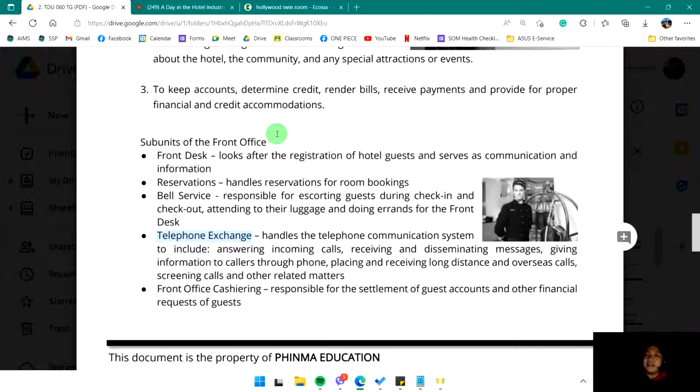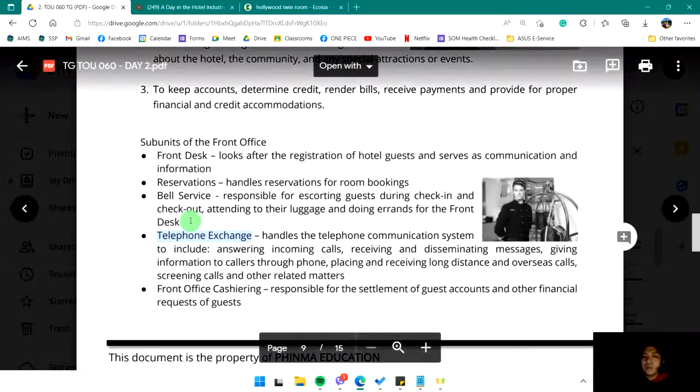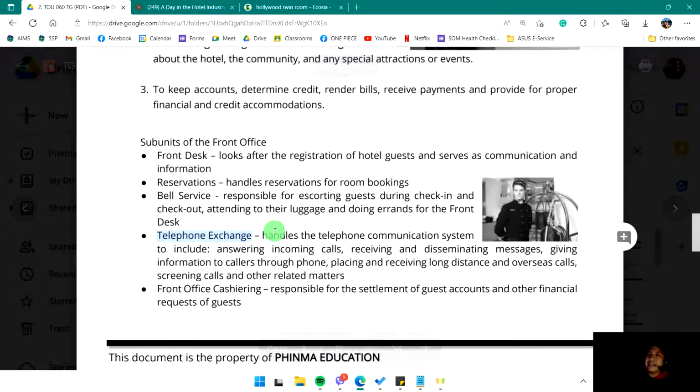Kasi basically, their function really is to answer inquiries, to answer concerns, and these concerns should also be answered by the front desk, by the reservations, and by the bell service. So, wala pa talaga akong nakita na dedicated job position for telephone exchange kasi hinahati na yung trabaho niya dun sa mga may kaya naman talagang gawin.